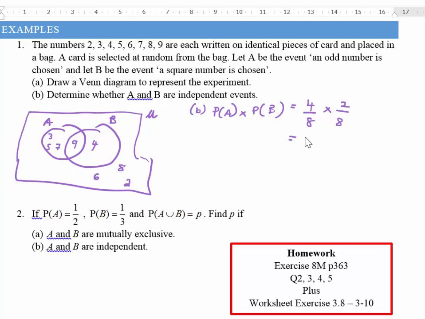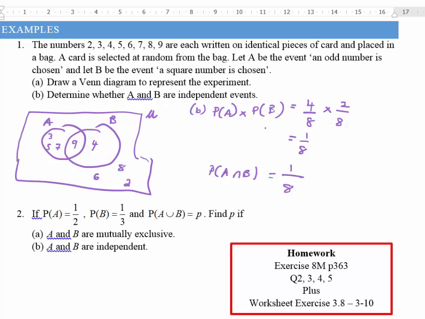So if we place this into our calculators, what we end up with is 1 out of 8. Now, the other part to this is the probability of A intersects B. If we look at the A intersects B, there's one way of it occurring out of 8 things happening altogether.